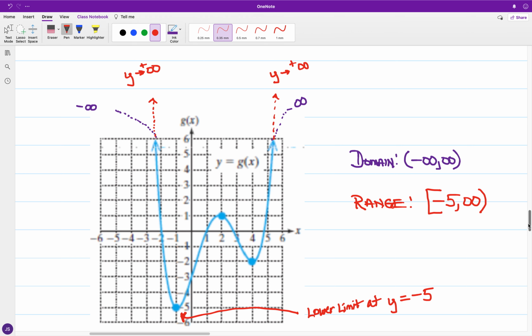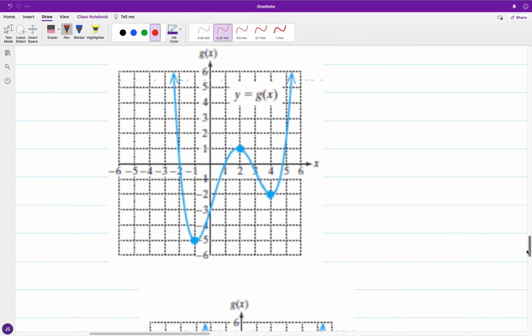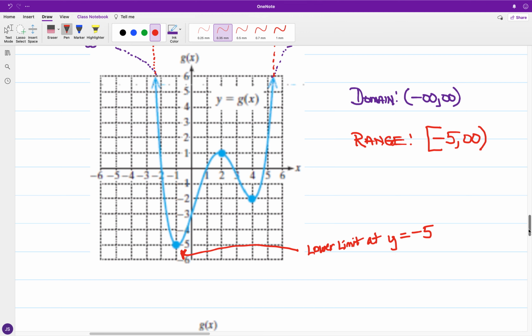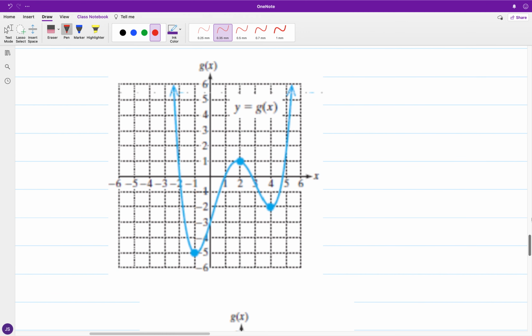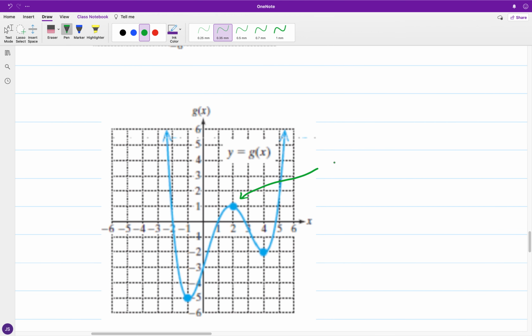Now, where we're going to have the relative minimum and maximum to occur. Still working with the same graph, you've got the domain and the range already laid out. With the ordered pairs, you're going to have the relative maximum.